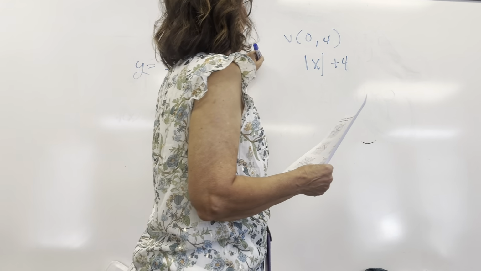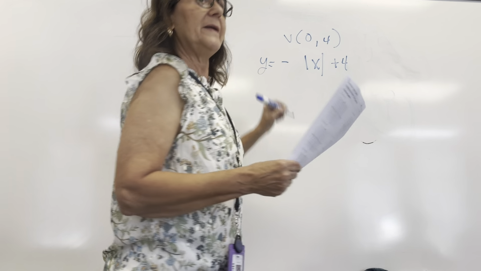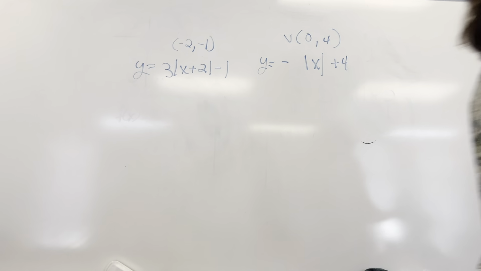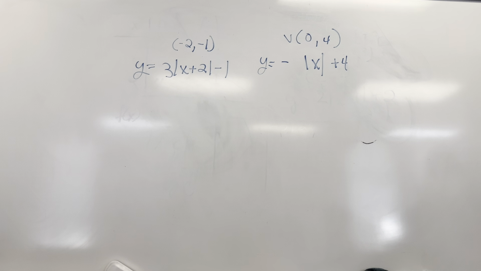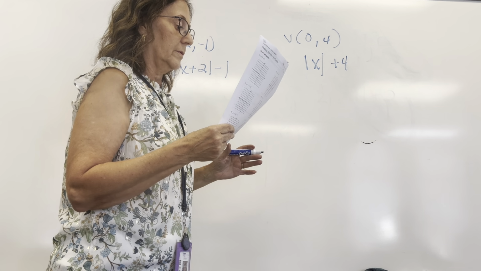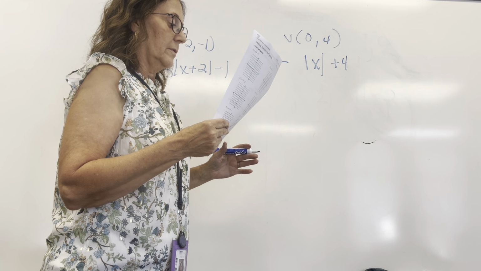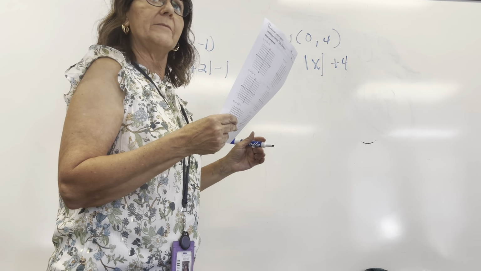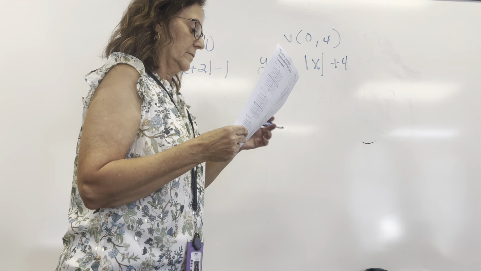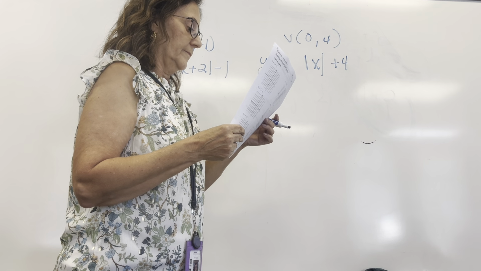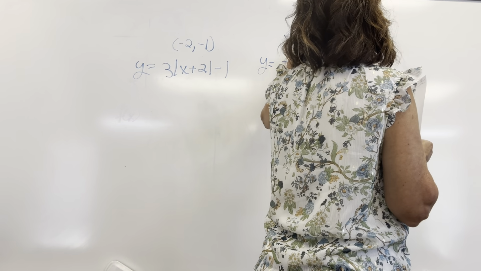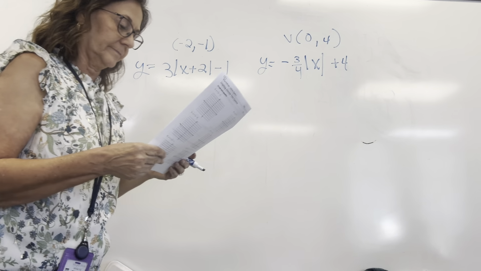It opens down, so this number is going to be negative. We're on page 3. Number 3. What is the slope? -3/4. Does anybody agree? We fall 3 as we run 4. -3/4.